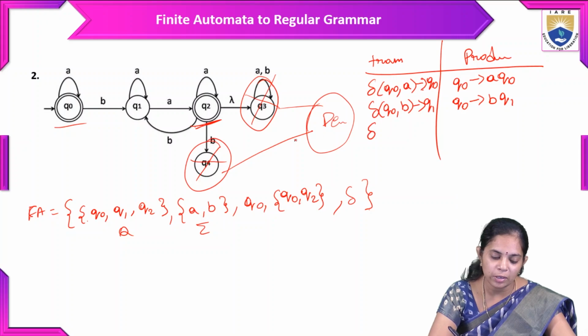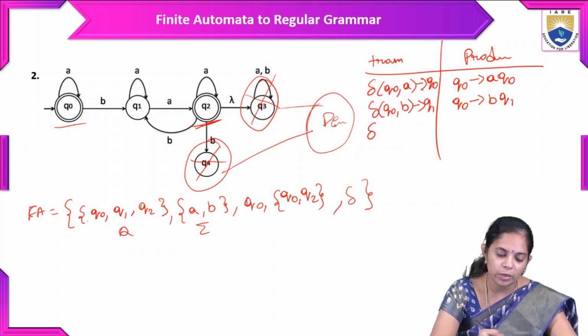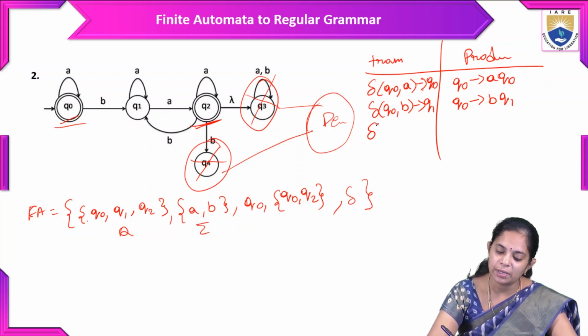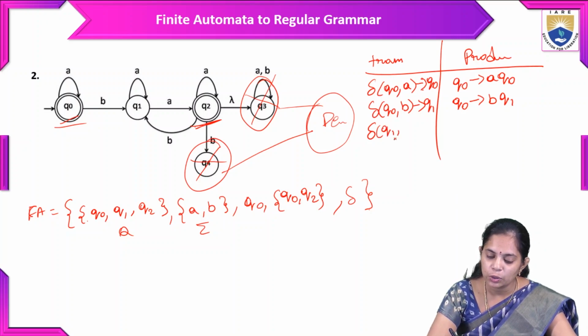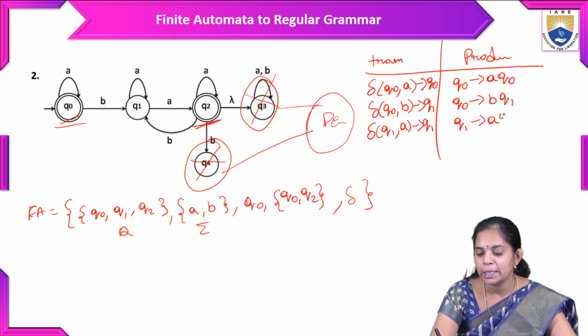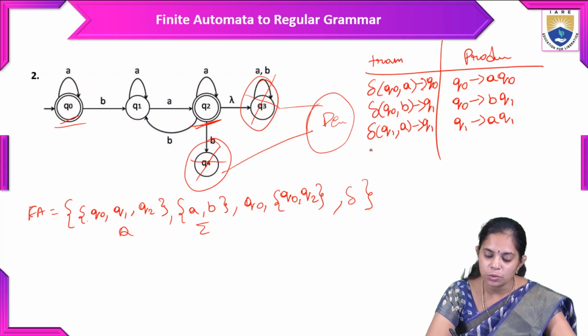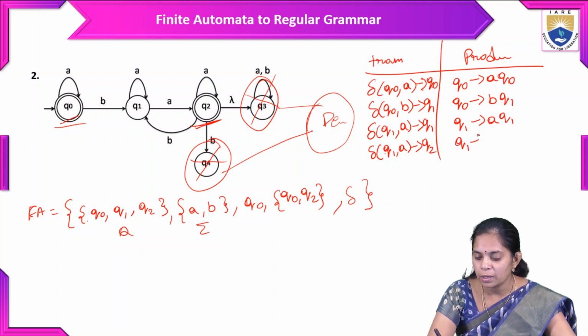We already finished the Q naught A and B values, and we will move to the Q1 state. Delta of Q1 comma A as an input symbol is reaching the Q1 state. So Q1 tends to A Q1, and also delta of Q1 comma A is reaching the Q2 state, so Q1 comma A tends to Q2.